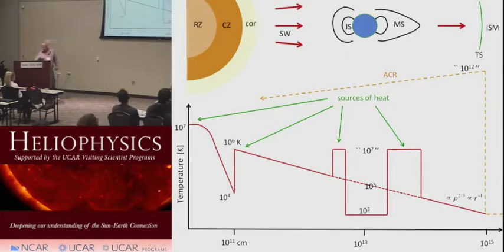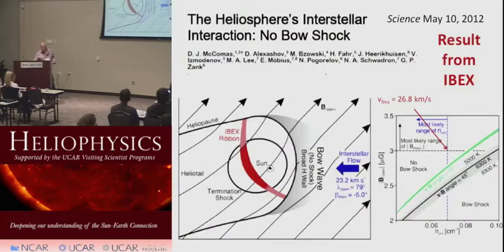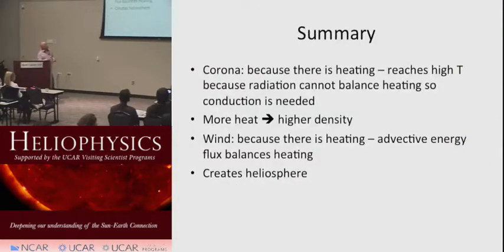So that is the story of why we have a corona and also why we have a solar wind and sort of how that structure creates the heliosphere. Skip over those, you have those. It's because of the heating in the corona. It reaches high temperature because the radiation at high temperature is less effective than at low temperature, and so we get this imbalance problem.